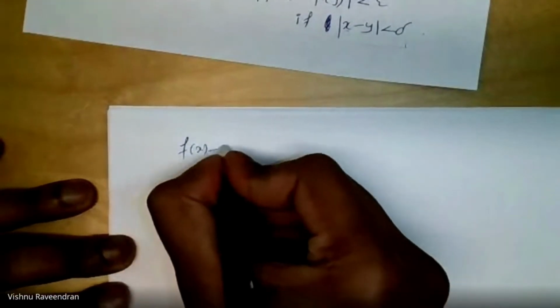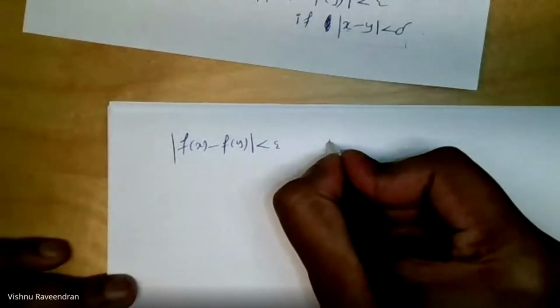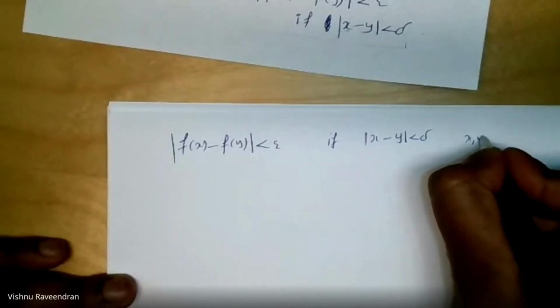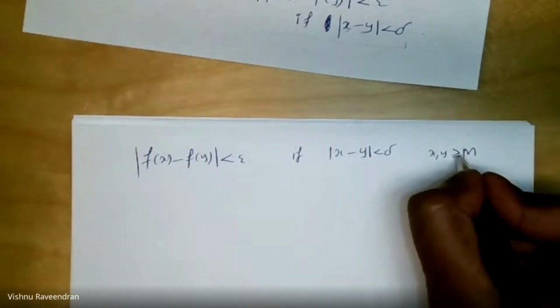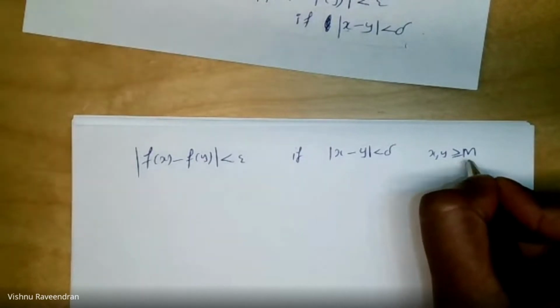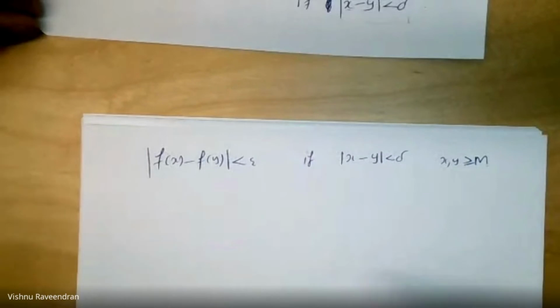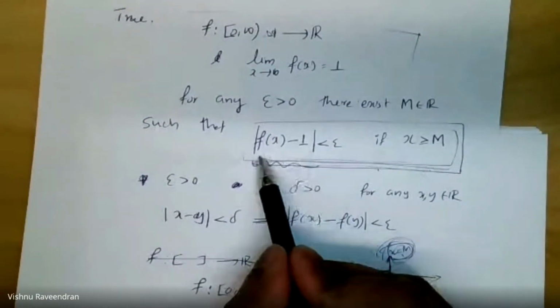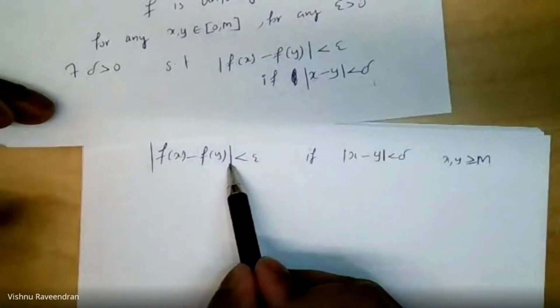I mean, I want f of x minus f of y less than epsilon if x minus y less than delta, for any x, y greater than m. So look at here one more time. So we have this information, right?